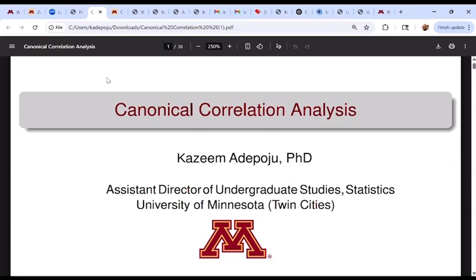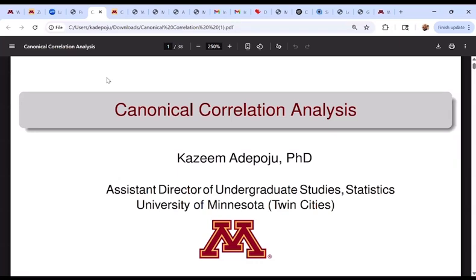We're starting another topic today, and we're going to cover it today and tomorrow. We call it canonical correlation analysis.